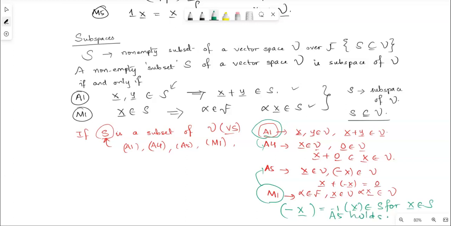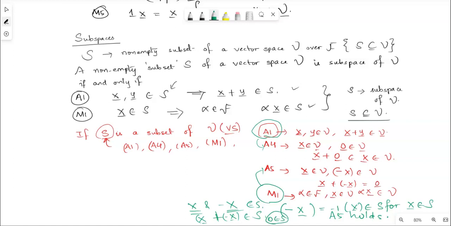Since x and minus x are both in S, we ensure that the addition of these two vectors also belongs to the set, and thus 0 belongs to the set S.